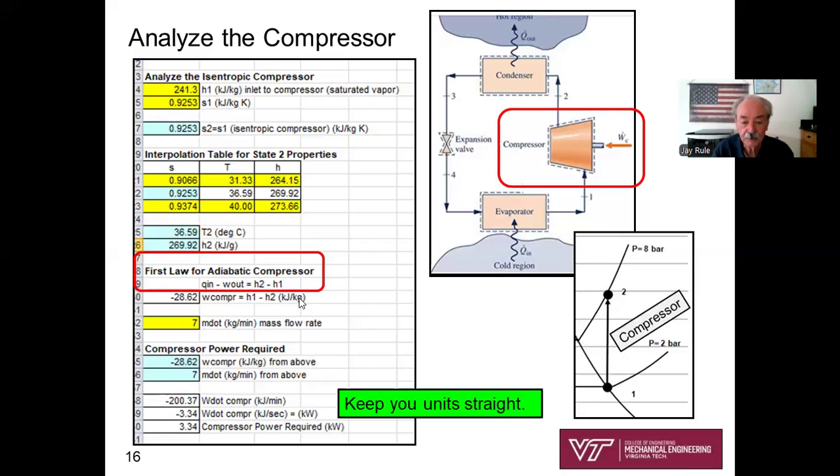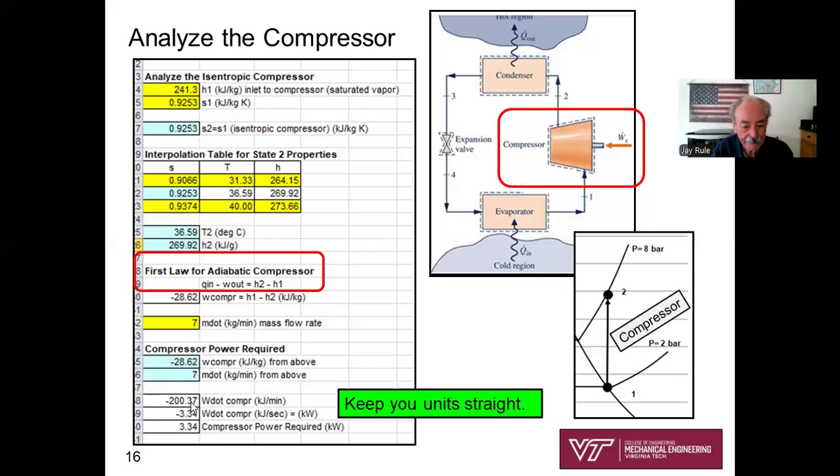We can immediately write down the given M dot, 7 kilograms per minute. So we can immediately calculate the W dot, I think that's part A, right? Let's look at our units. Kilojoules per kilogram times kilograms per minute is going to give us kilojoules per minute.